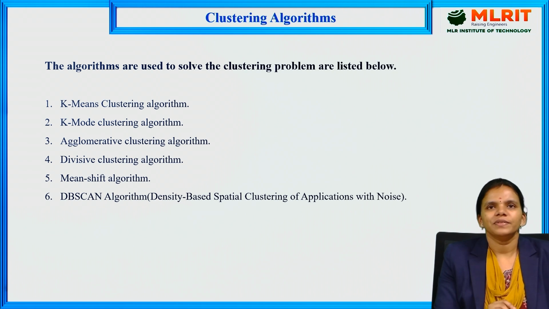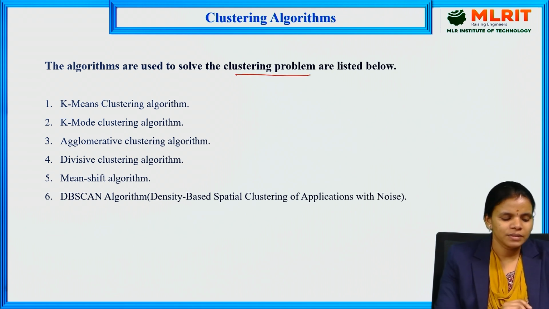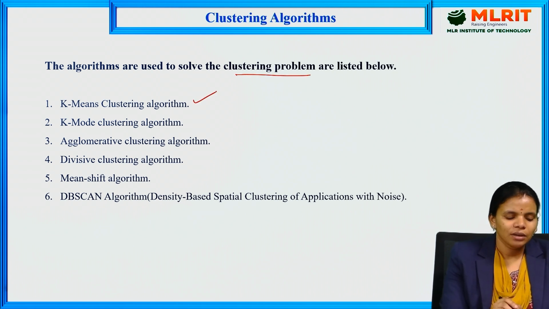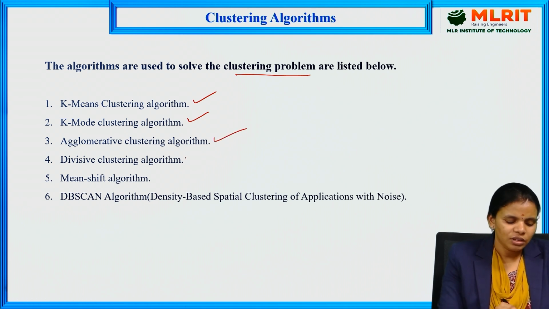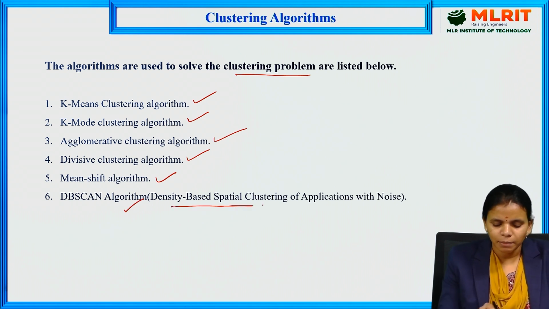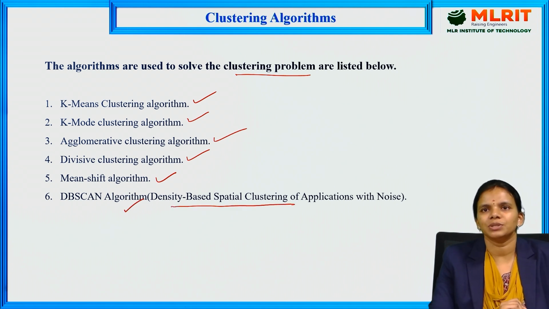The algorithms which are used to solve the clustering problems are k-means clustering algorithm and k-mode clustering algorithm, agglomerative clustering algorithm and divisive clustering algorithm, mean shift algorithm and DB-scan algorithm. So DB-scan means density based spatial clustering of applications with noise data.